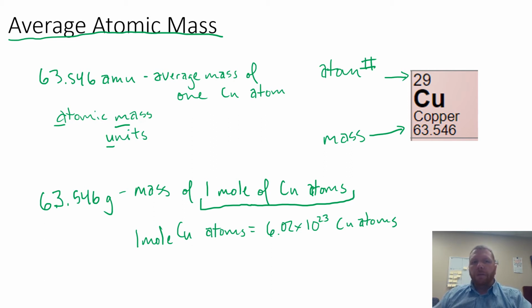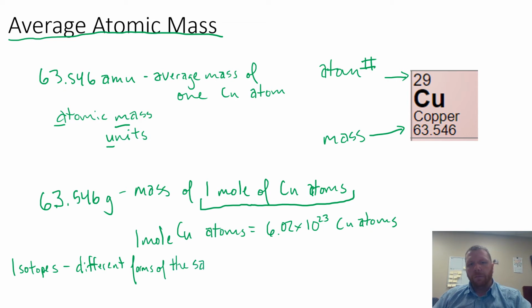Well, what that means is that there are a number of different entities known as isotopes. And those are different forms of the same atom. So for copper, let me pull this up on the periodic table.